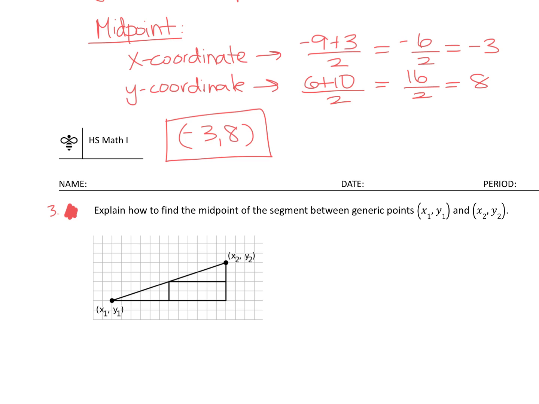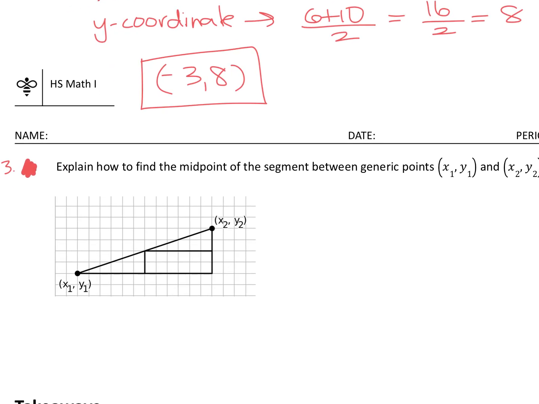Okay, so we've got these 2 points. How would we find the x coordinate? So I'm going to say midpoint x coordinate.